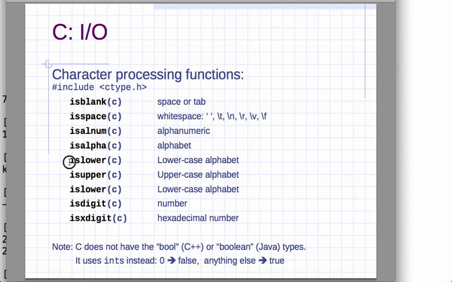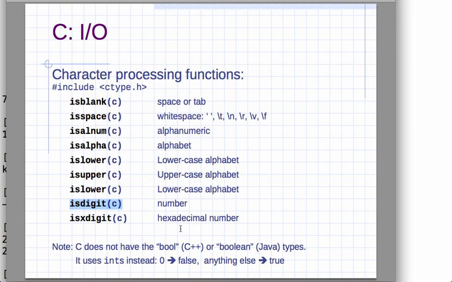Then you can further check if a character is a lowercase character or an uppercase. Then you can also check if it's a number or digit or a hexadecimal digit, which would be a number or A, B, C, D, E, or F, upper or lowercase.